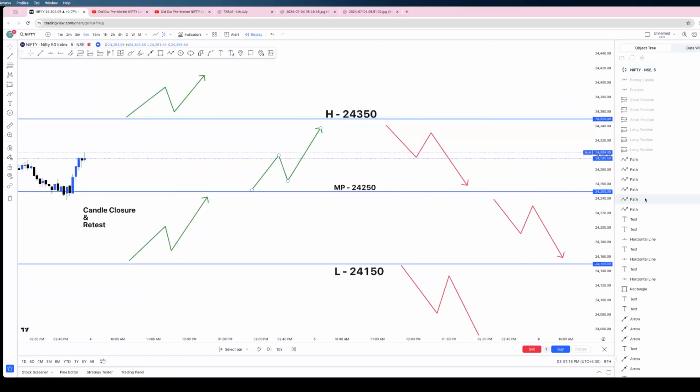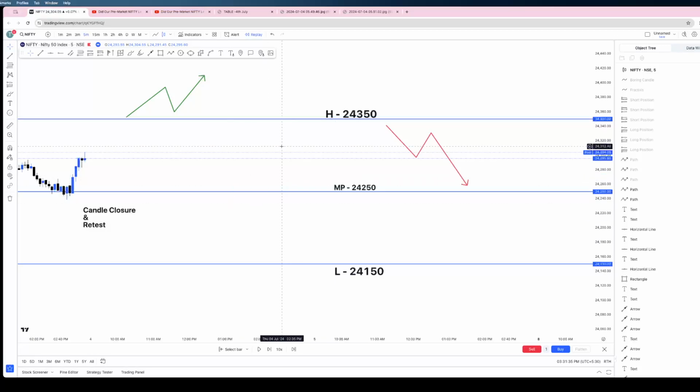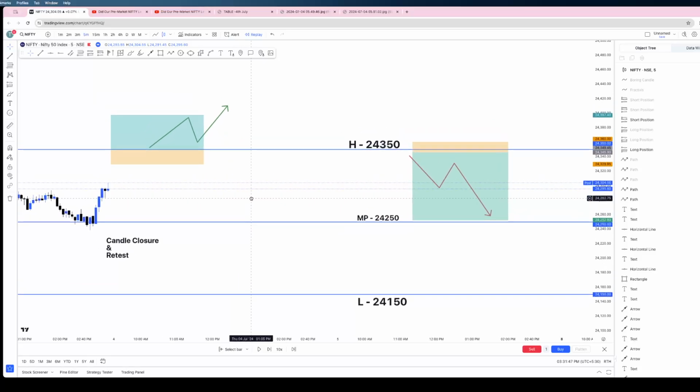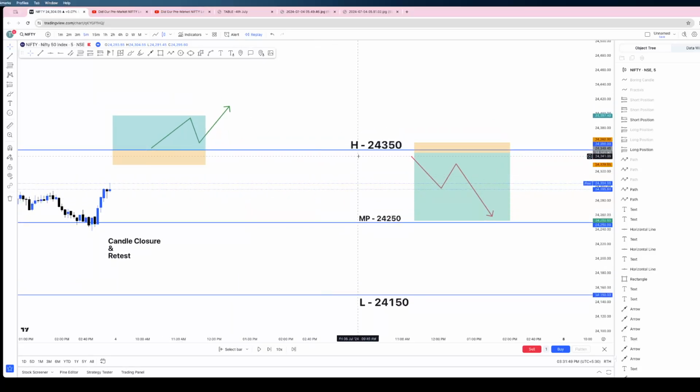We will remove all the other 4 probabilities. So these 2 are not there. We had a long position today, and then we had a short position. So these are the 2 trades which we should have taken, based on these levels.